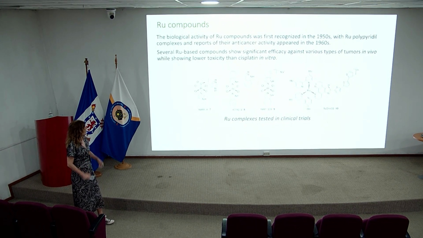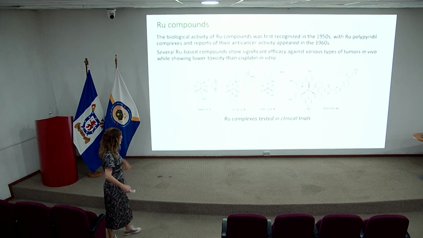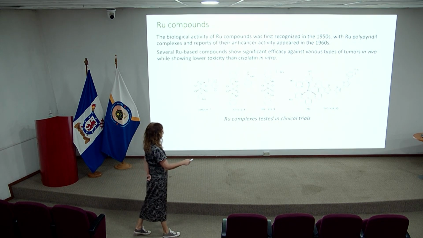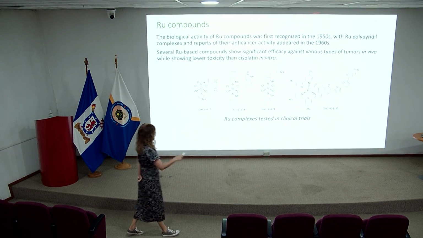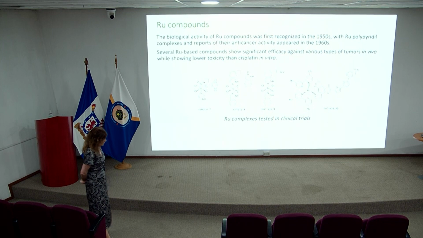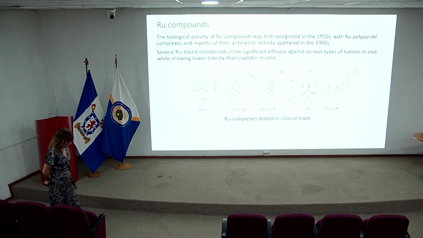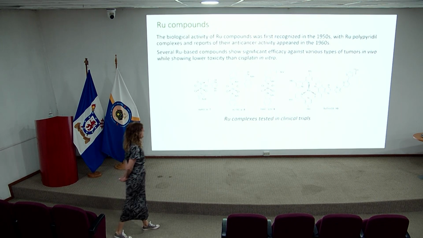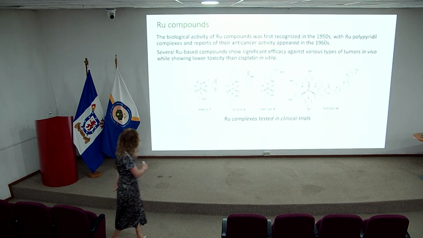KP1019, so these were quite studied, and then people started to make changes in these compounds, and here I show you a compound that I believe has been used for, well, can't remember now. It's also under development.